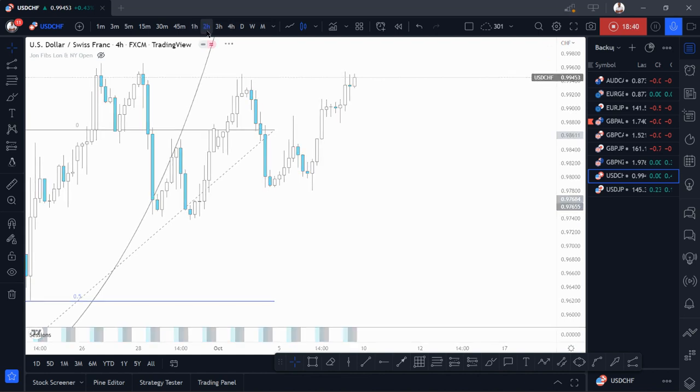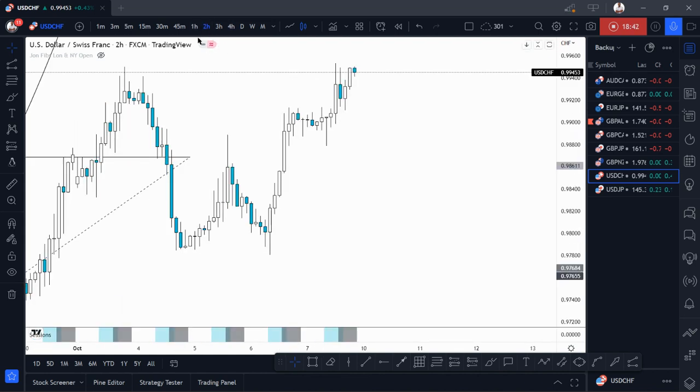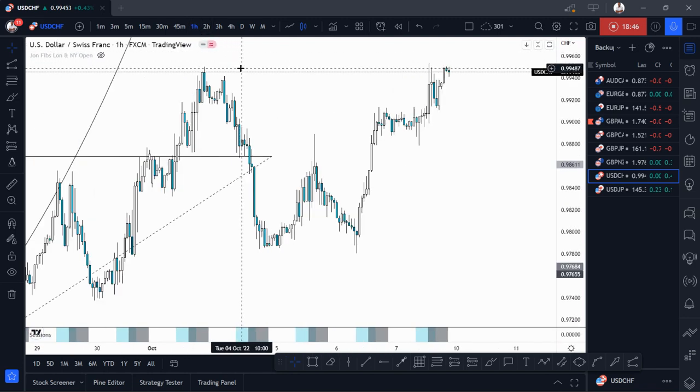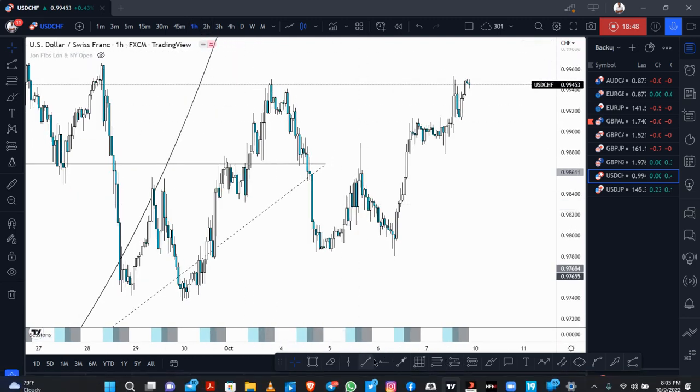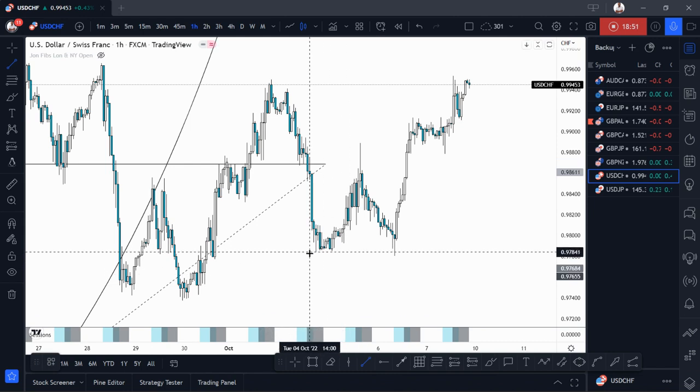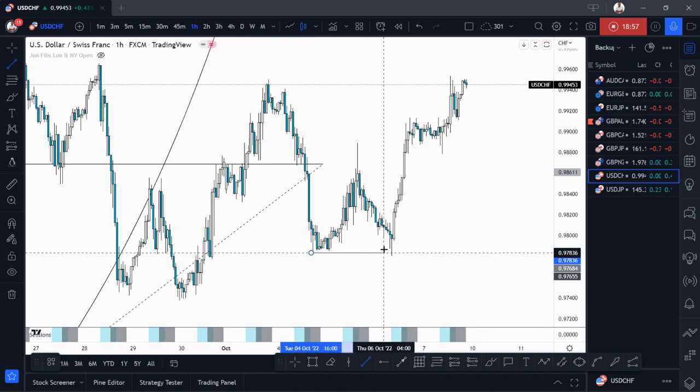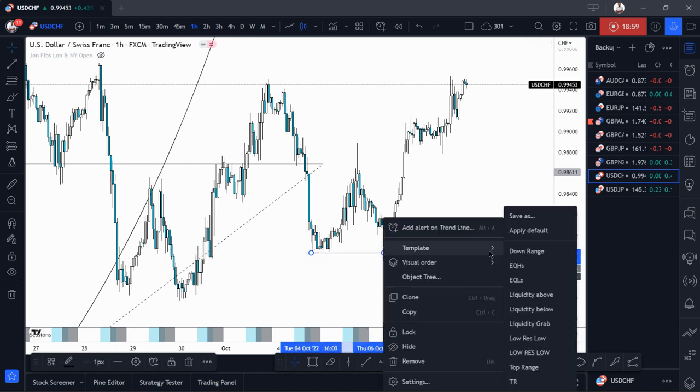Okay, let's see, 2 hours. There was something that I saw that was so beautiful for me. I love the way we swept this liquidity here and then we accumulated.